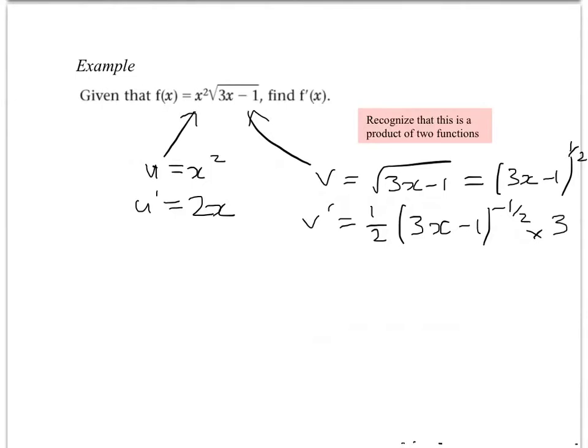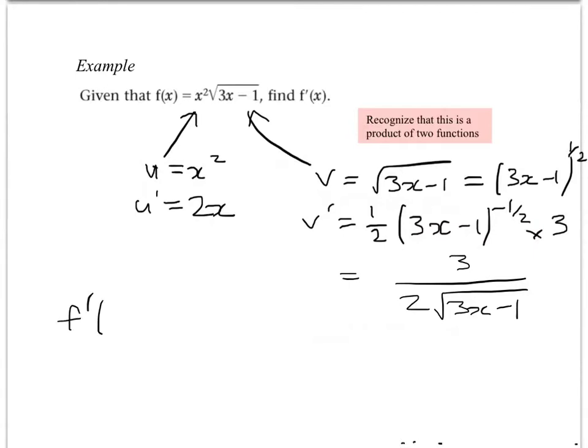Okay, number down the front, subtract 1 from the power there, and multiplied by the derivative of this function inside the bracket, which happens to be 3. So if I tidy v dash up a bit, I've got 3 on the top line, I've got a 2 on the bottom line, and I'll have 3x minus 1 to the power of half on the bottom line, which will look like that. Now the product rule says f dash x is u dash v plus v dash u. That is the product rule.